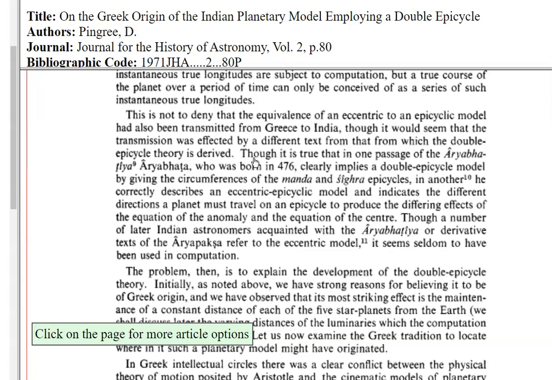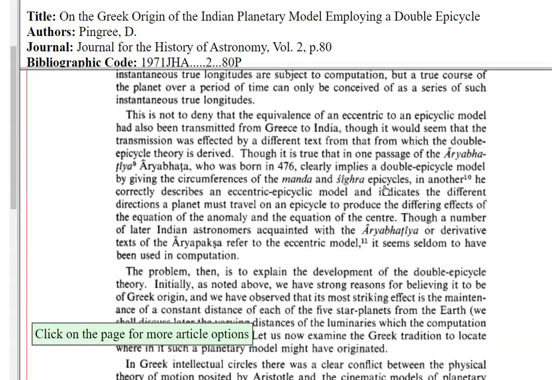And then he goes on to say, though it is true that in one passage of the Aryabhata, and I would assume you all know Aryabhata, who was born in 476, clearly implies a double epicycle model by giving the circumferences of the Manda and Sighra epicycles.